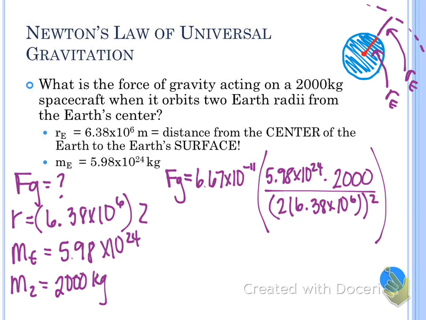Then I'll take my 5.98 times 10 to the 24th times 2,000 divided by that answer. I can take that whole thing times 6.67 times 10 to the negative 11th. And I get my newtons.